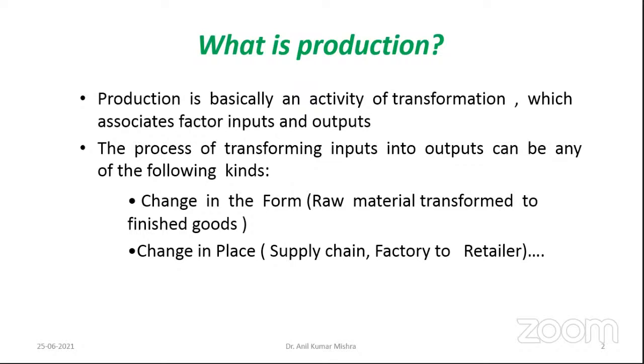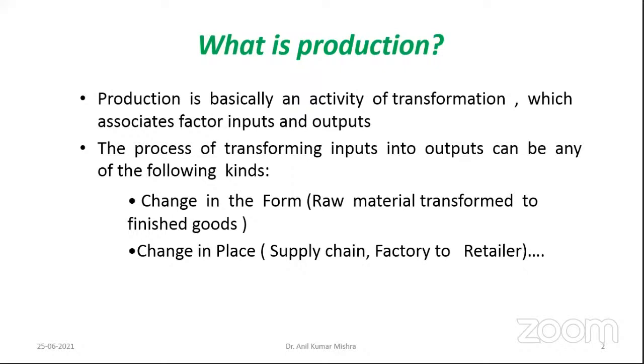The process of transforming input into output can be of different varieties. It can be a change in form. If you change the form, the raw material is transformed into the finished product. Similarly, if you change the place, that is also treated as production. Take the entire supply chain management process: procuring the raw materials, entering the factory, processing, and then output takes place.